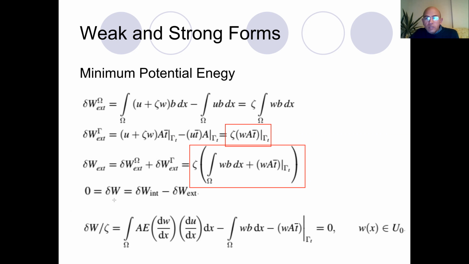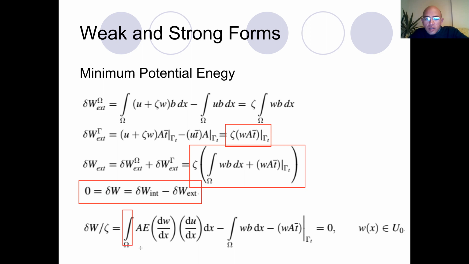Certainly, we want to minimize the potential energy. So we want the variation in the potential energy to be zero, even if we give a small perturbation to the displacement. So this is the equilibrium condition. From there, we can easily obtain the weak form for the potential energy.